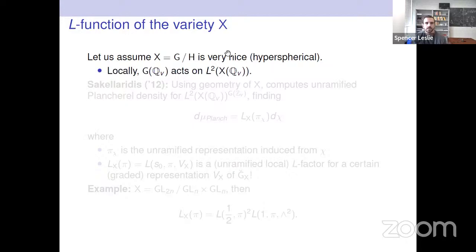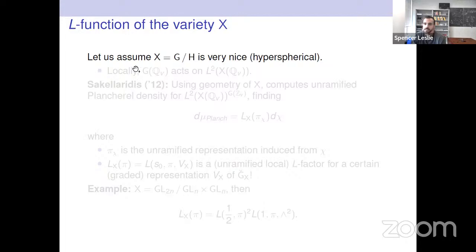Okay, so we have several examples where we've seen these central values of L functions, and so the basic question is, can we actually say in advance what the L function should be? Which L function should determine whether or not a period vanishes for the representation or not?